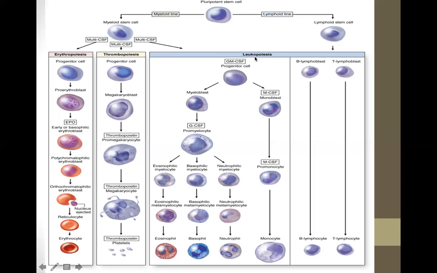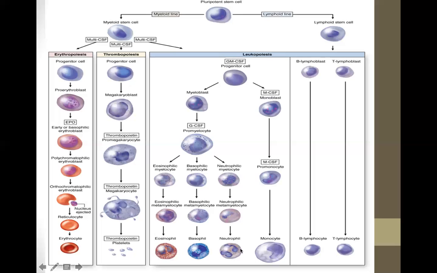Ay, isa lang to. So, this is the myeloblast will become promyelocyte at depende kung ano magiging siya, like eosinophil, basophil, or neutrophils. But, isa lang siya galing. Dito lang siya galing sa granulocyte, monocyte, colony-stimulating factor. That is the specific colony-stimulating factor, progenitor cell for this blood.